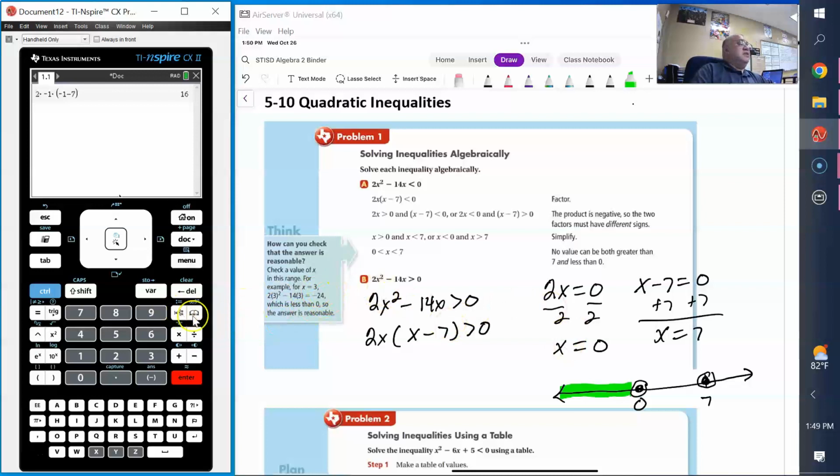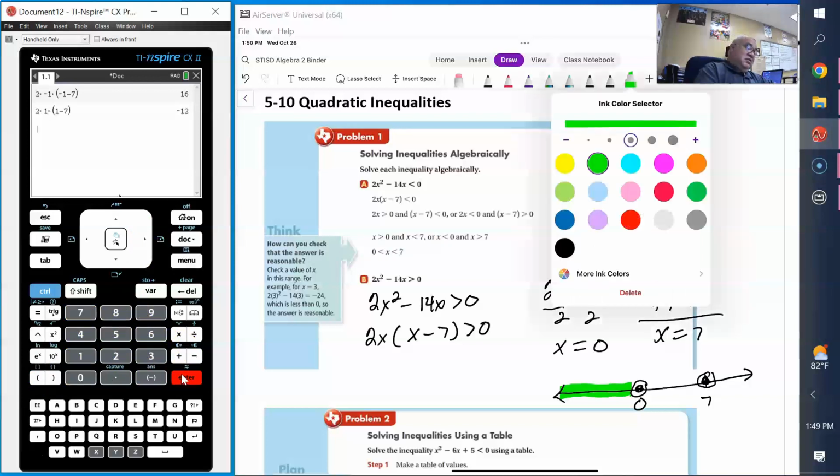Now I'm going to pick a number that's in between 0 and 7. So I'm going to use 1. So 2 times 1, parentheses 1 minus 7. We want this to be greater than 0, so let's see what happens. It isn't greater than 0, so I'm going to use pink to indicate that that's not going to be an answer.